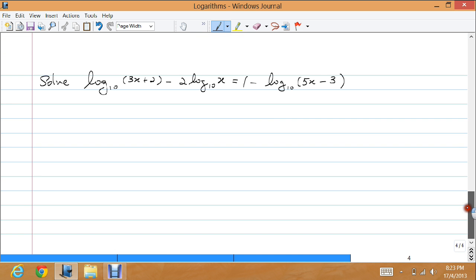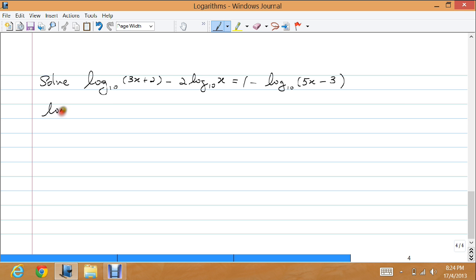Let's look at the last example. How do we solve logarithmic equations? Solve log base 10 of 3x plus 2 minus 2 log base 10 of x equals 1 minus log base 10 of 5x minus 3. So again, all the bases are the same, and hence we can apply the 3 laws of logarithms easily.